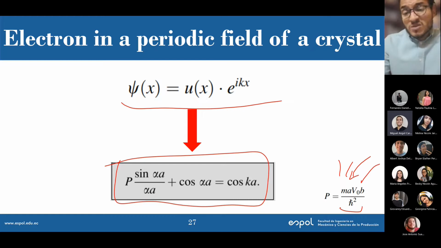You can use it just as a value, but it's basically a constant. It doesn't really have any physical meaning. It's just a constant. You can call it any name.